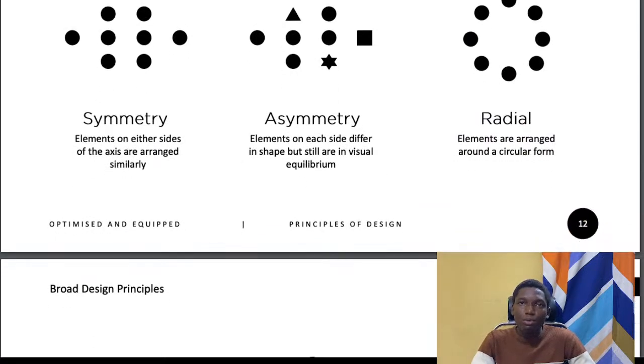And then we are also going to be moving into the balance principle. We notice that as a graphic designer, you need to be able to balance everything you are designing, and this in a way is related to harmony and unity. In this way, we understand that we have the symmetry balance, which is where elements on either side of the axis are arranged similarly. Let me tell you something.